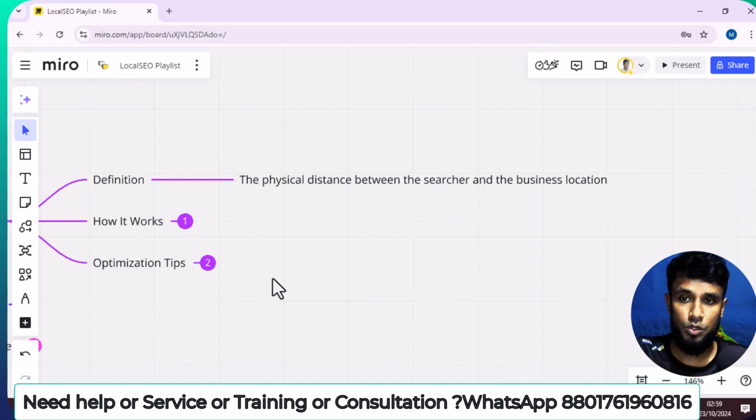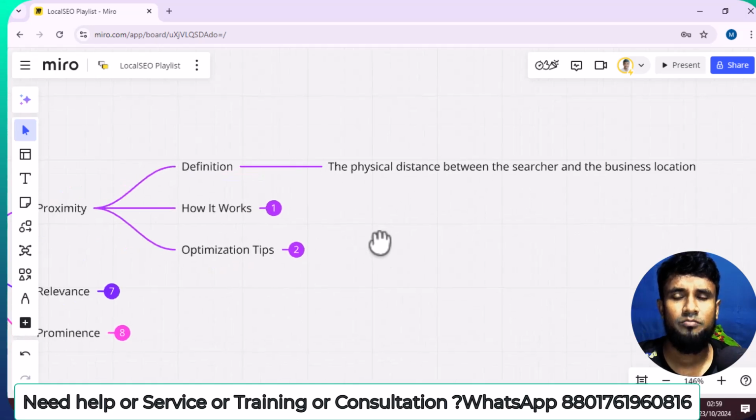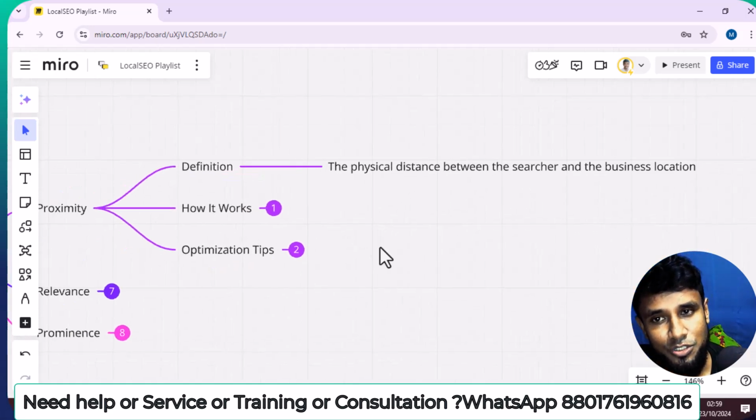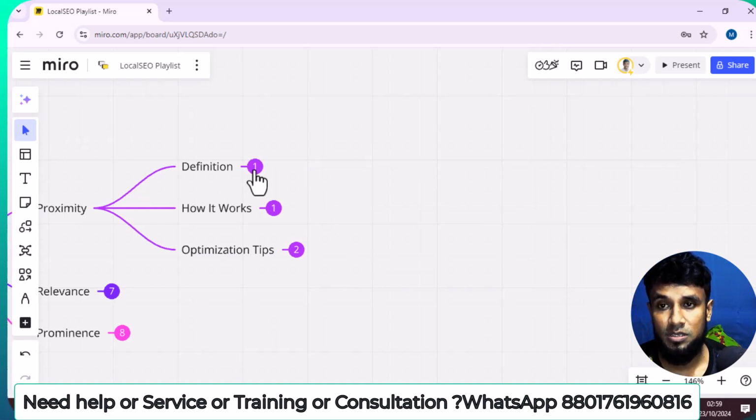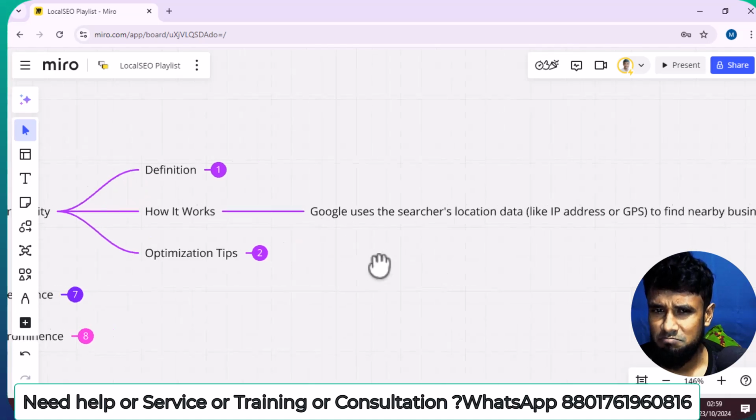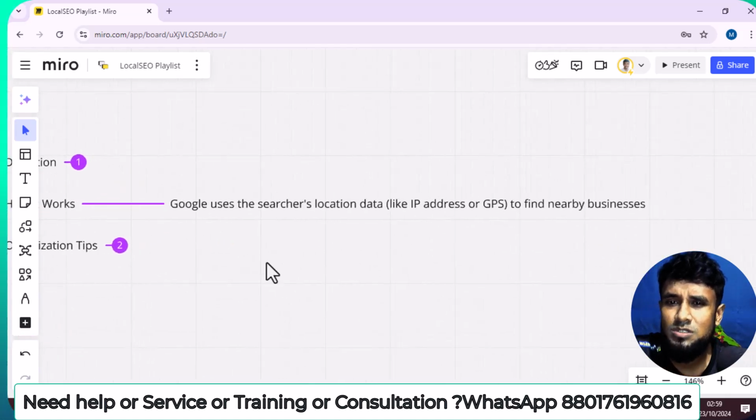So the local SEO algorithm gives most priority to the nearest position. Okay, so how does it work? Google uses searcher location data like IP address, GPS, and finds nearby addresses.